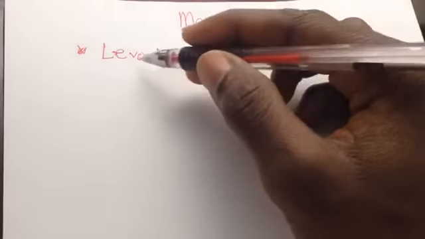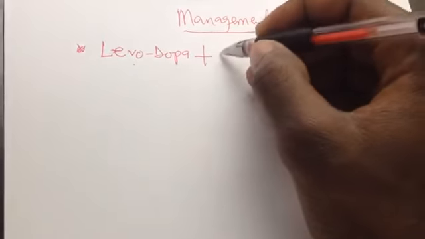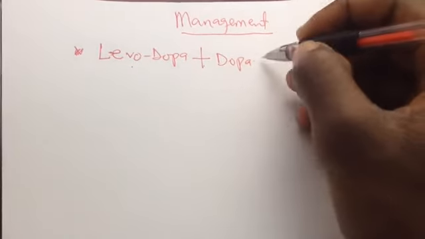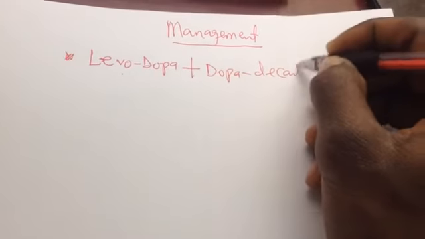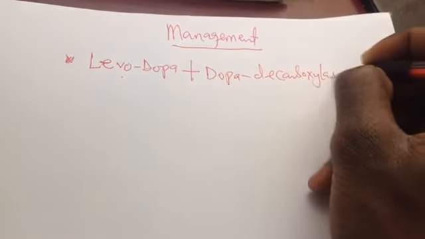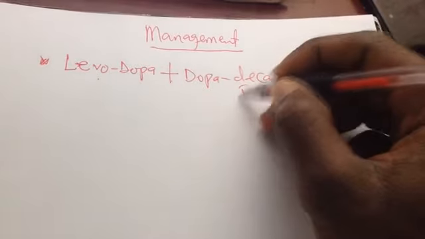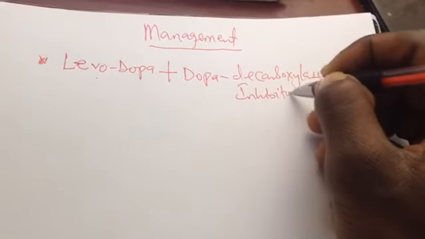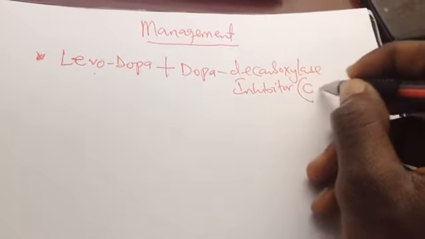So we administer levodopa plus a dopa decarboxylase inhibitor. An example of these drugs is carbidopa.